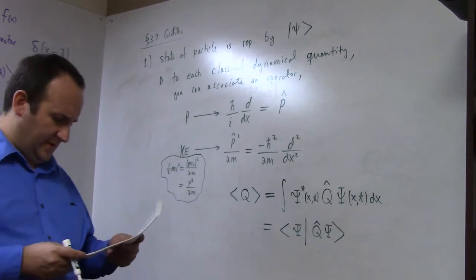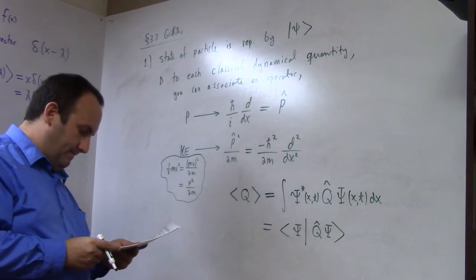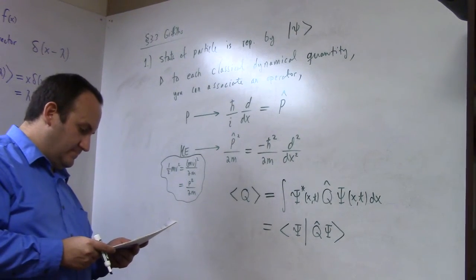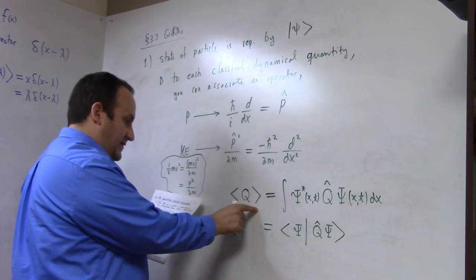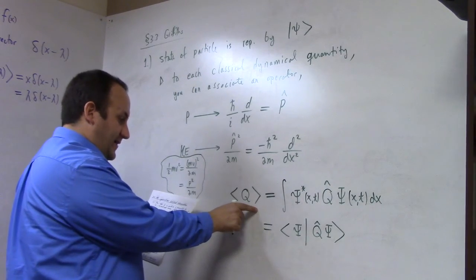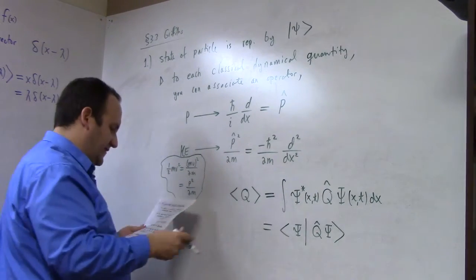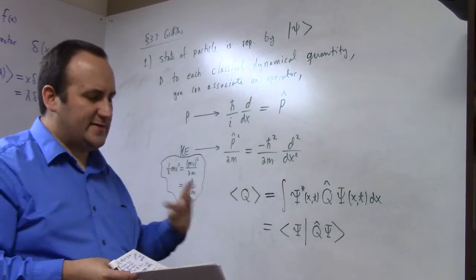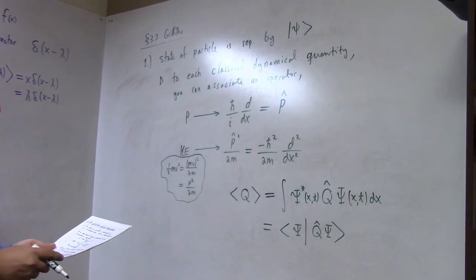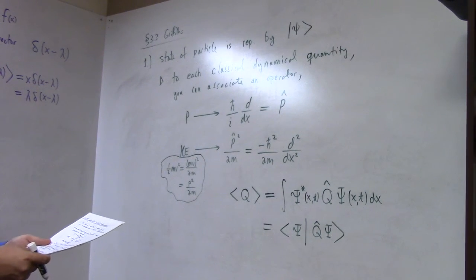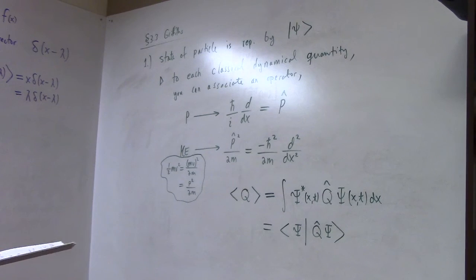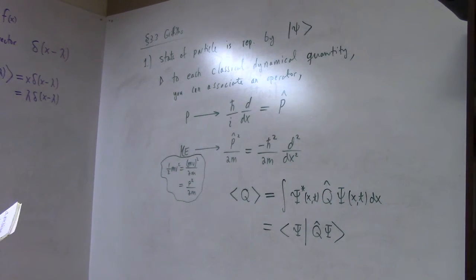For this to be equal to its own conjugate, we have to have that Q hat is a Hermitian operator, otherwise we get eigenvalues which are not real. Of course, psi doesn't have to be an eigenstate of Q either. If psi is an eigenstate of Q, then there's a definite value of Q that we measure.